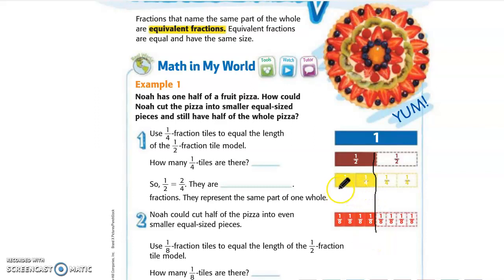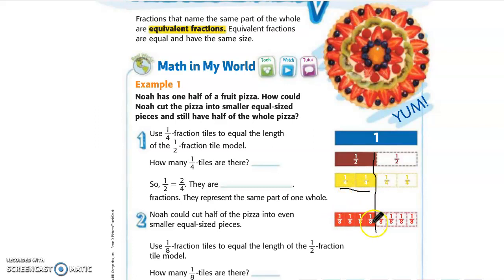So you'll see that I have how many fourths? 1, 2. 2 fourths is equal to 1/2 because they are the same size. 1/2 ends here, 2 fourths ends right here. They're the same size, and so they are equivalent. They don't have to be the same numbers, just being that same size.